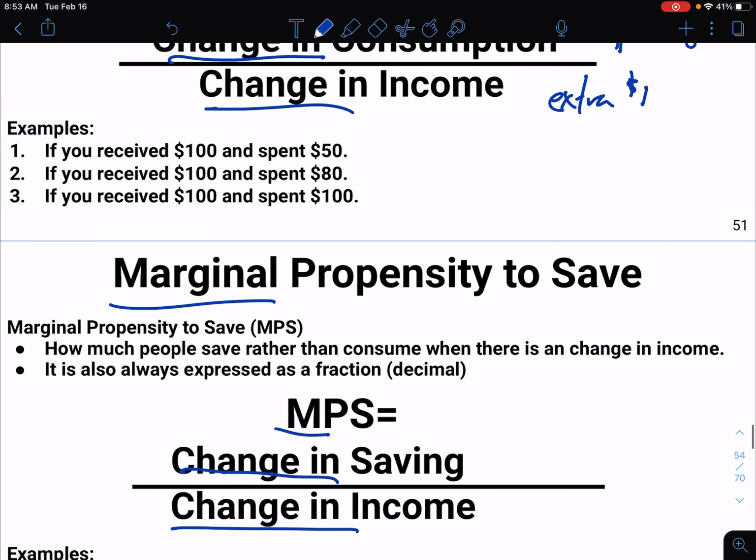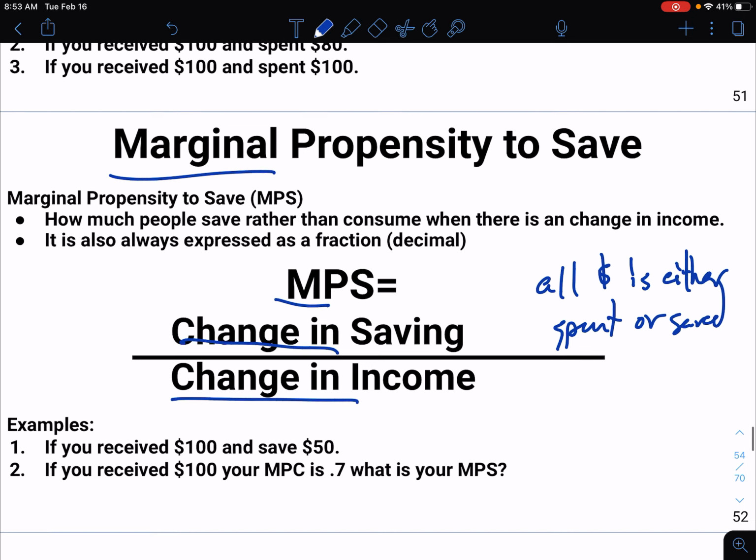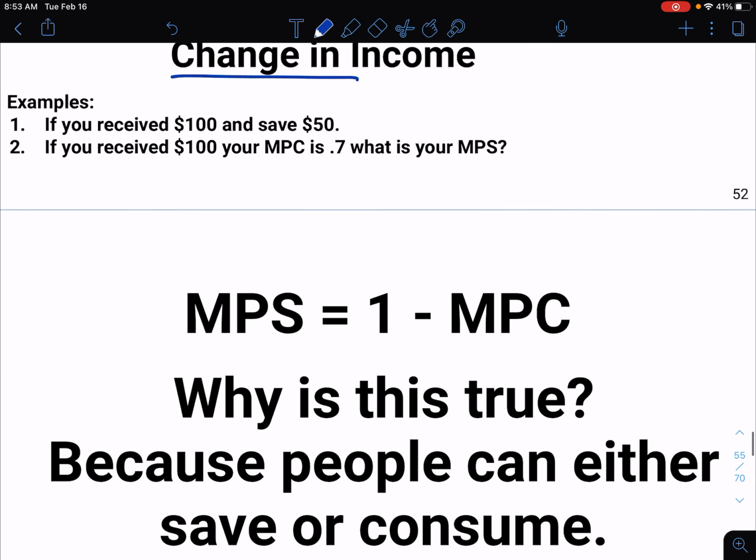Now, of course, every penny that you get is either saved or spent. So all money is either spent or it is saved. And that's a really important idea. And that's why we know that MPS is 1 minus MPC, okay? Since you can either save or you can consume.